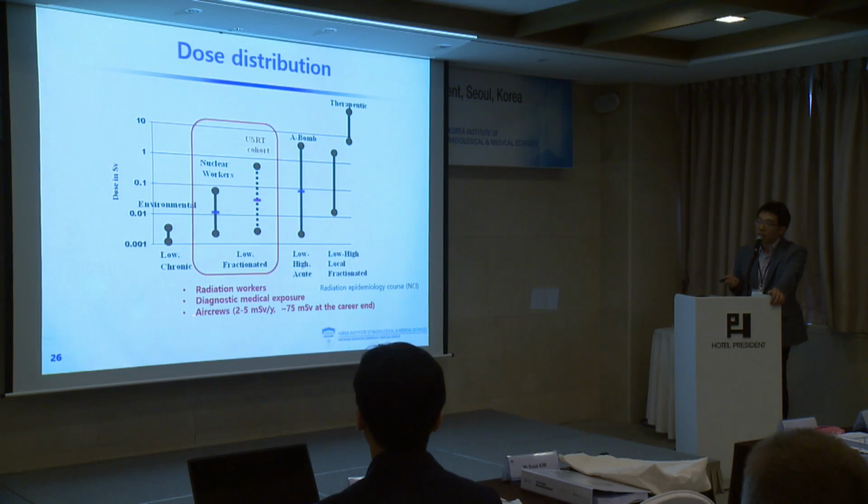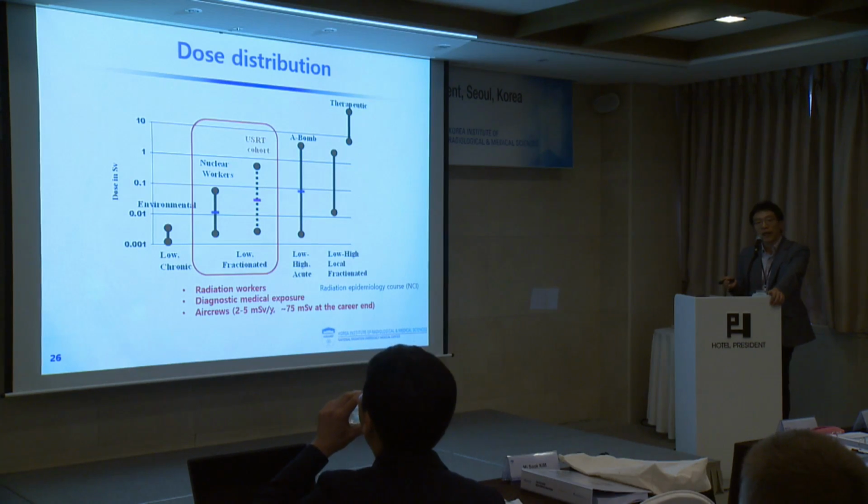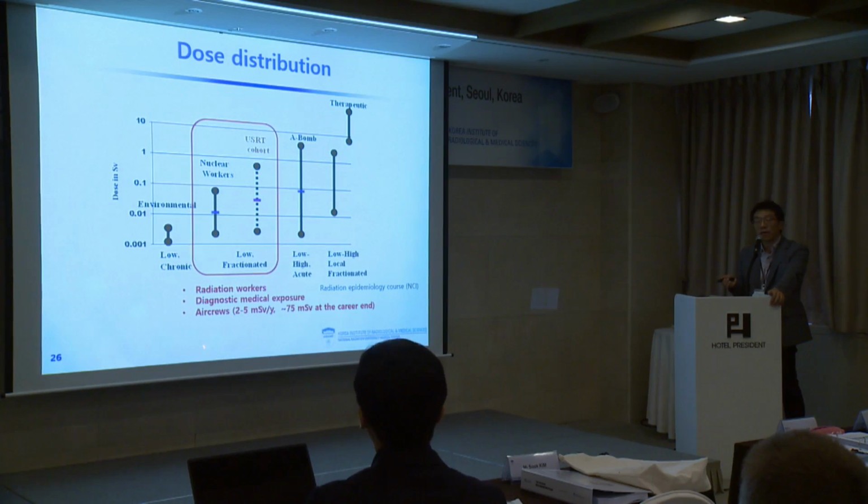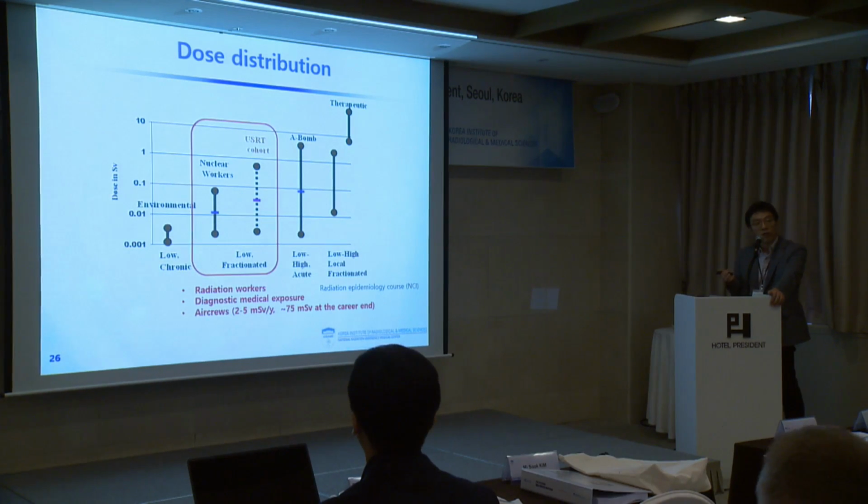Another group is air crews. Some countries consider air crews to be radiation workers because they are exposed to cosmic radiation. Their exposure is relatively high compared to other radiation workers, at 2 to 5 millisievert per year.